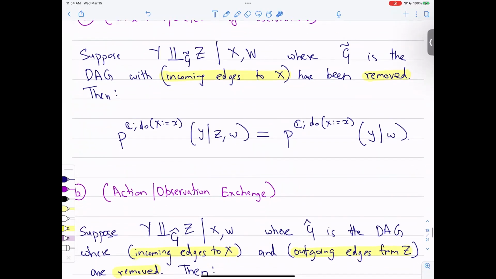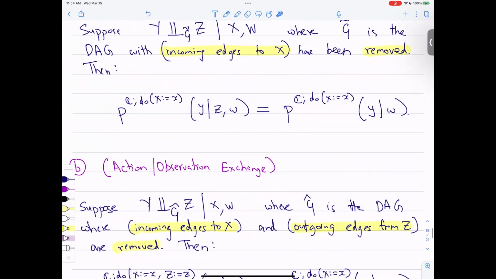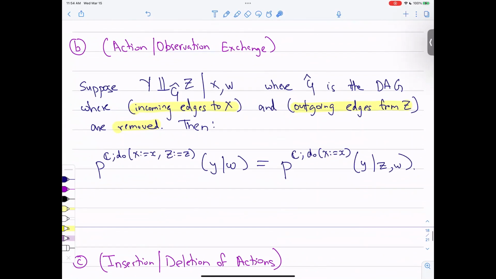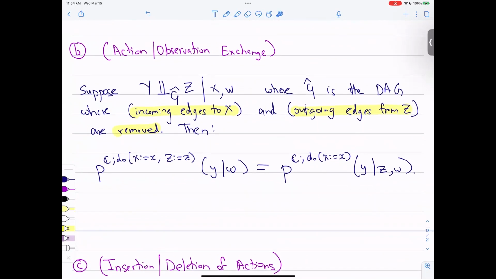But from the formula, it seems like you remove the incoming edges on both the X and Z variables. That is for G hat, but this is not about Z hat. Suppose this and this are d-separated in the world where incoming edges to X are removed and outgoing edges from Z are removed.